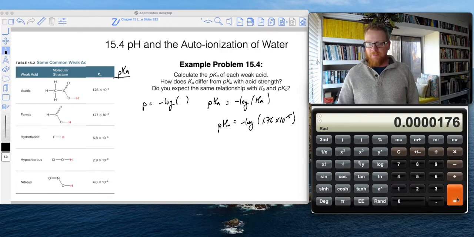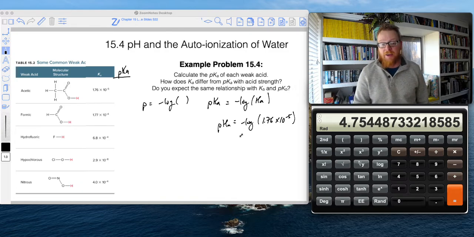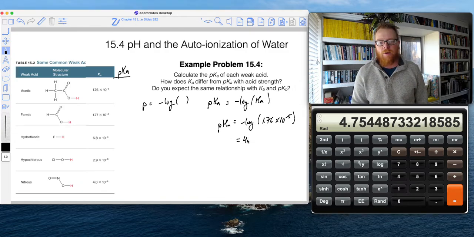Okay, there it is. Now I'll take the log of that. Then I remember that it's the negative log, and I could do that in my head, or I could just say times 1 negative equals, and now you can see 4.75 for the pKa for acetic acid.